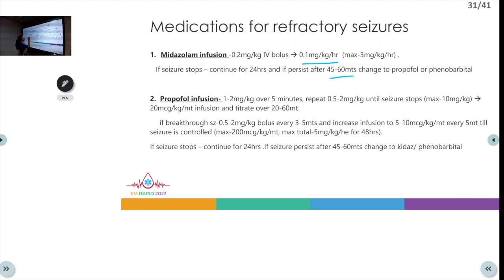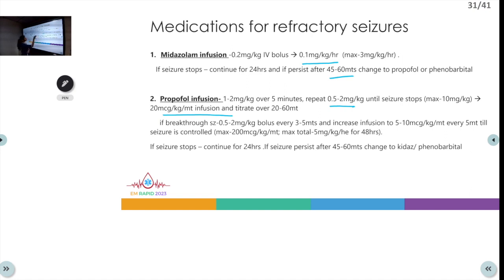For propofol infusion, the dose is 1 to 2 mg per kg over 5 minutes, and repeat 0.5 to 2 mg per kg until the seizure stops. Then we can start infusion at 20 microgram per kg per minute and titrate over 20 to 60 minutes.